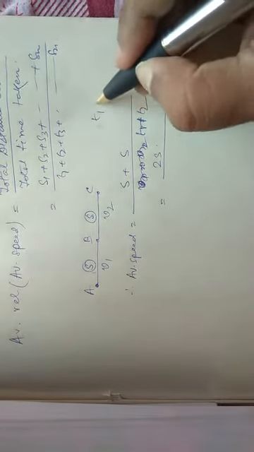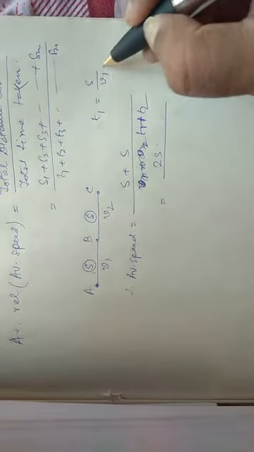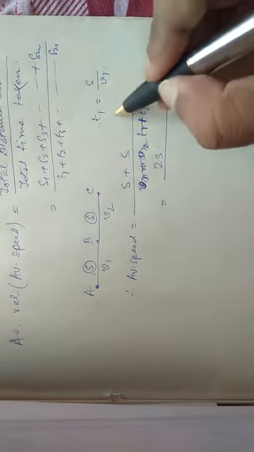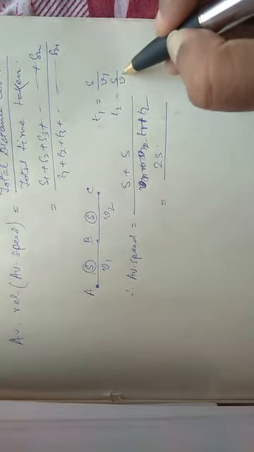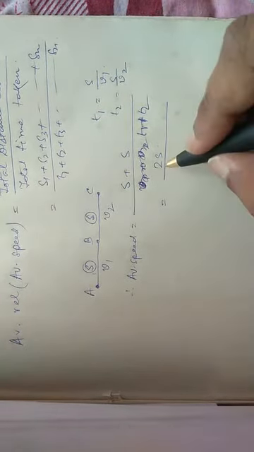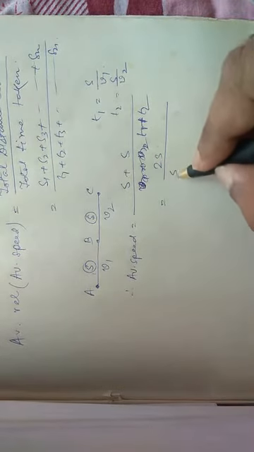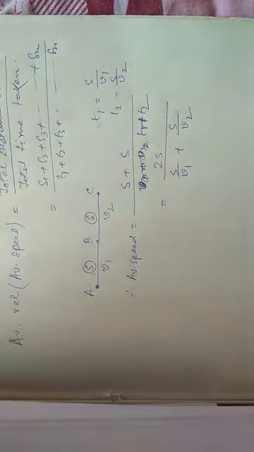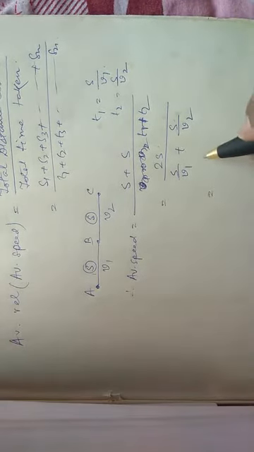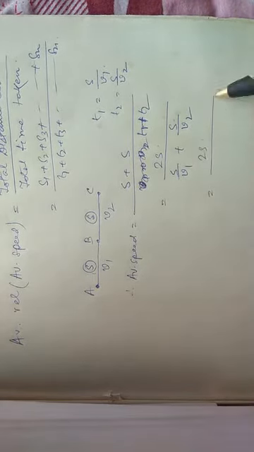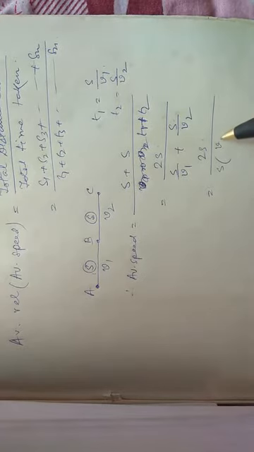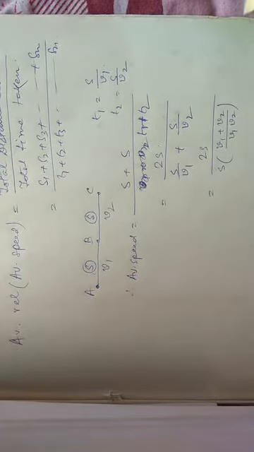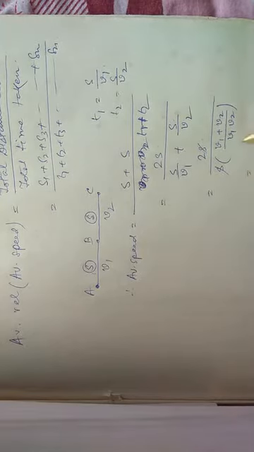Now what is t1? t1 is s by v1 for the first half. Similarly, t2 is equal to s by v2 for the second half. So we replace t1 by s by v1 and replace t2 by s by v2. We solve it. 2s by s times v1 plus v2 by v1 v2. s gets cancelled.